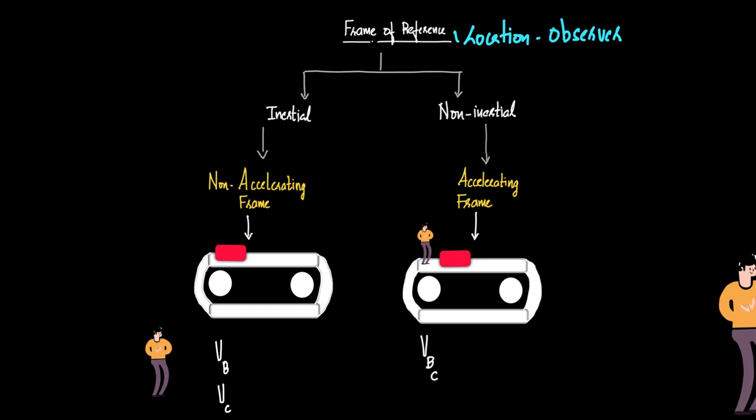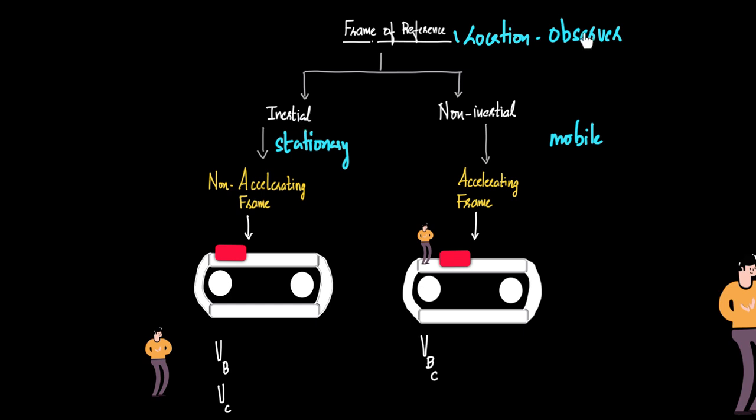Now the location of this observer could be of two types. It can be a stationary location, or it can be a mobile location. If the observer is standing in a stationary location, then that frame is said to be an inertial frame.